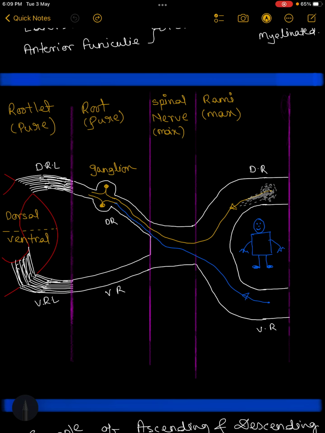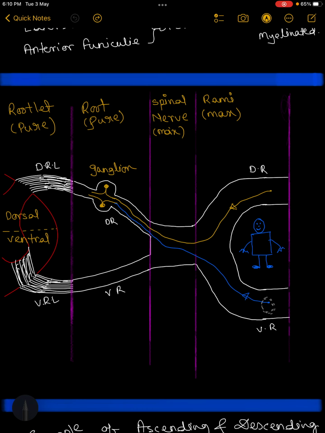Sensory information is coming from your backside, so it will come like here, then here, but at the end of the day it has to come through the dorsal root. Then you can easily see here is a ganglion. This ganglion, or these cell bodies, has a process, and the second process will go from here and pass the signal somewhere in the spinal cord maybe, or directly towards the brain.